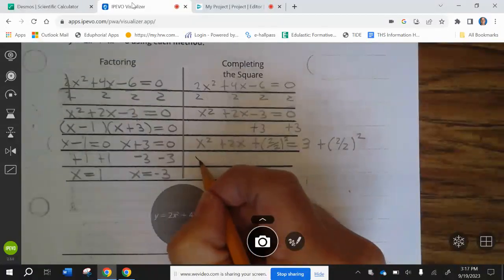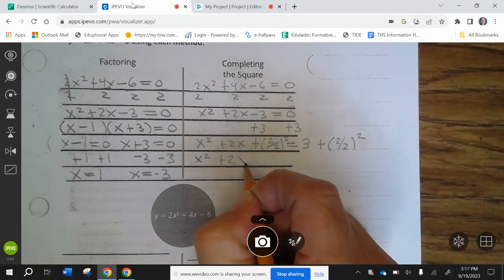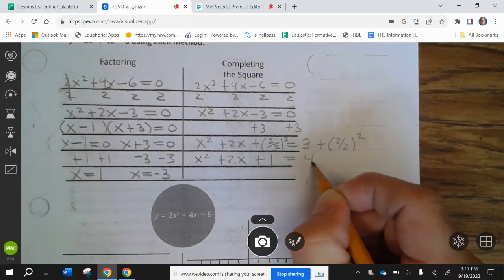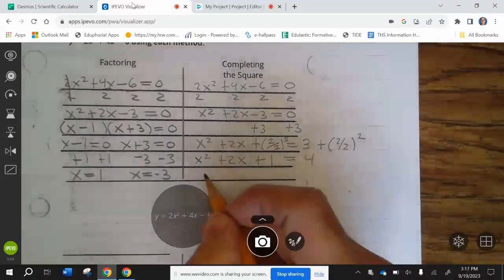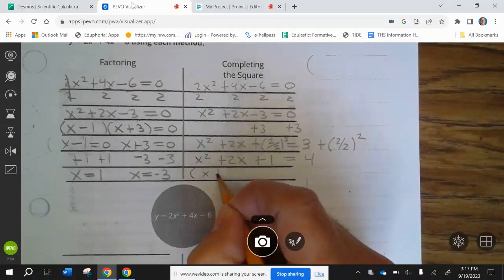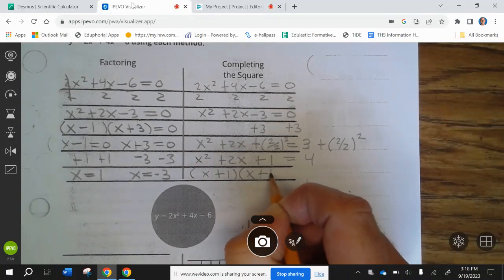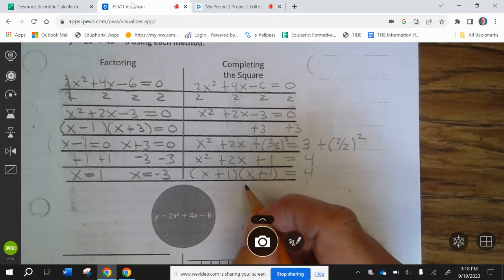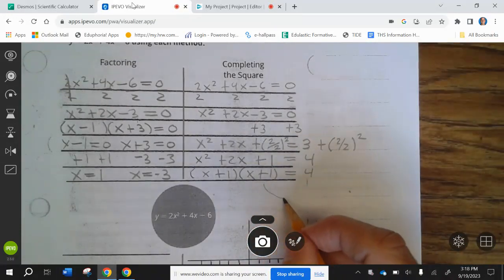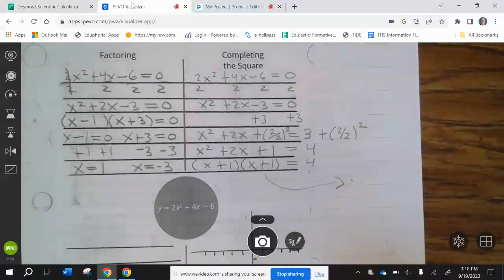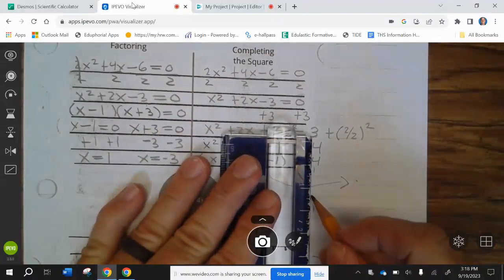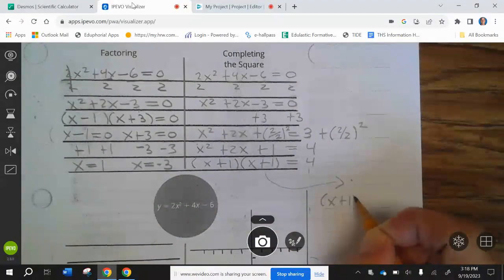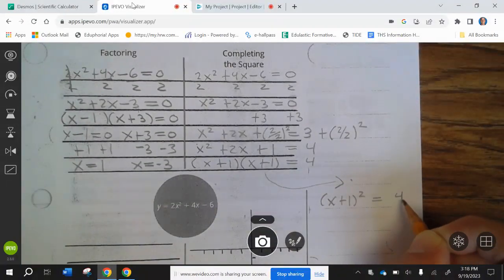So x squared plus 2x plus 1 equals 3 plus 1, which is 4. Now this becomes x plus 1 squared equals 4.